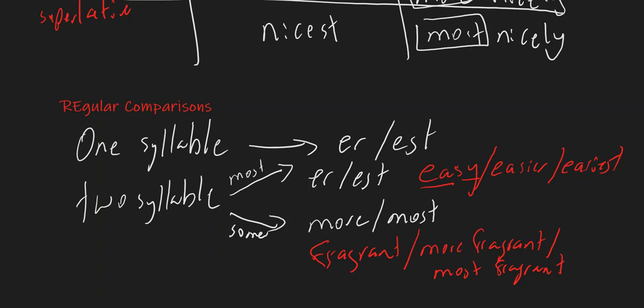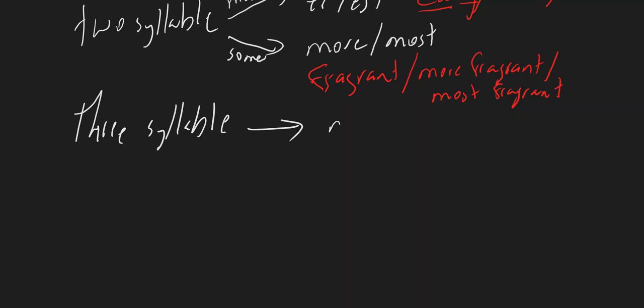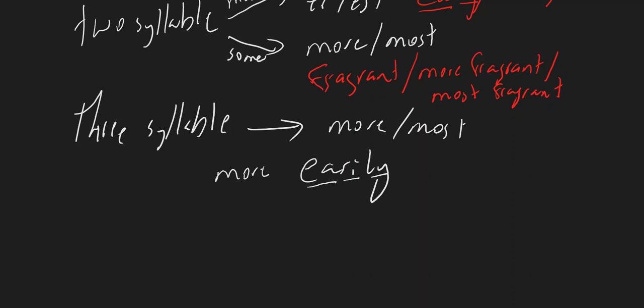However, for the three-syllable words, they always take more or most. Like the adverb easily, you have three syllables, E, Z, D, therefore we have to use more easily or most easily.